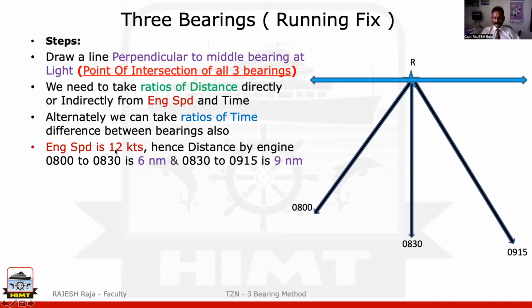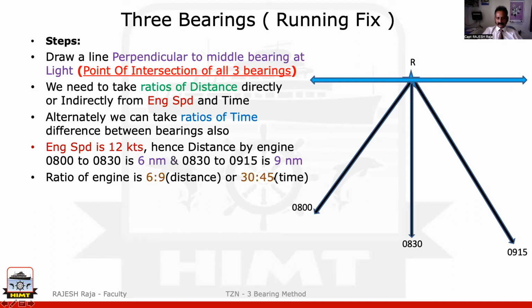In this question, my engine speed was 12 knots. Hence, the distance by engine from 8 to 830 obviously is going to be 6 nautical miles. And the next set is going to be 9 nautical miles. If I take the time, we should agree it will be 30 minutes and 45 minutes. If you break down this ratio, you will see both of them are the same.